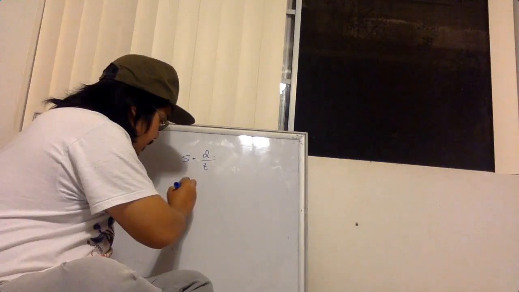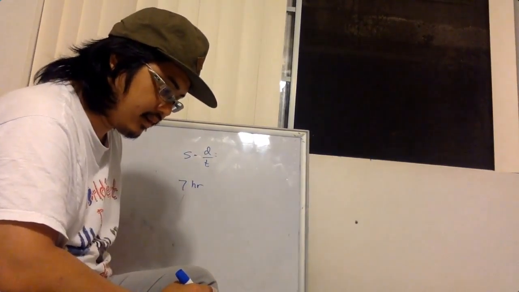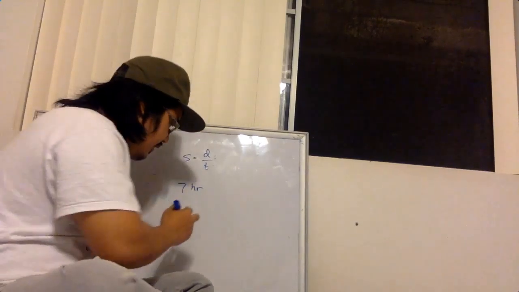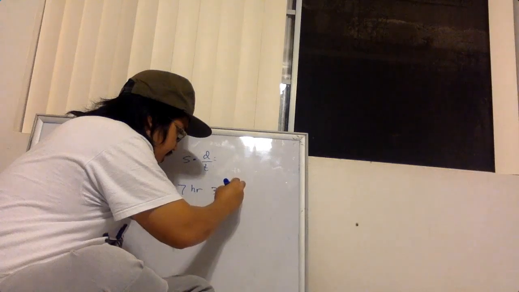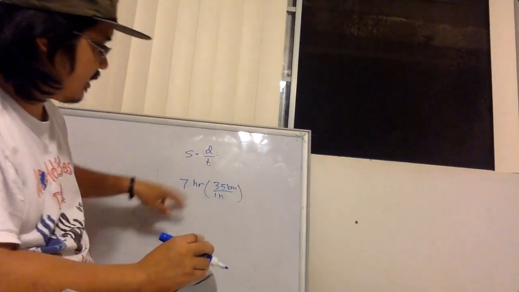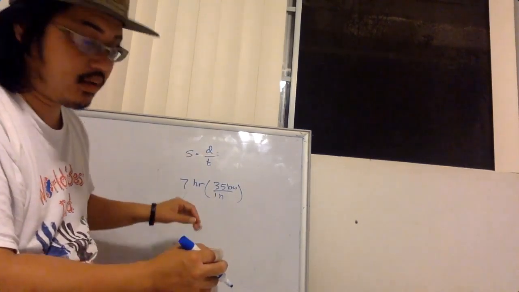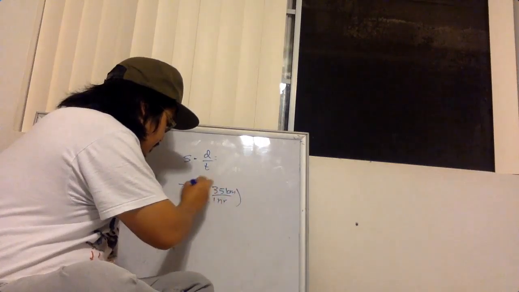It took the motorcyclist 7 hours to go from town X to town Y at an average speed of 35 kilometers per hour. So I'm going to multiply by 35 km over h. Now, why did I not do the inverse of that? Well, I wanted this hours on top to cancel out with that hours on the bottom.